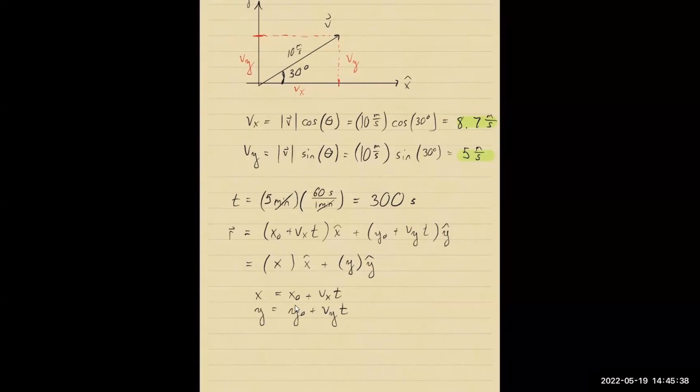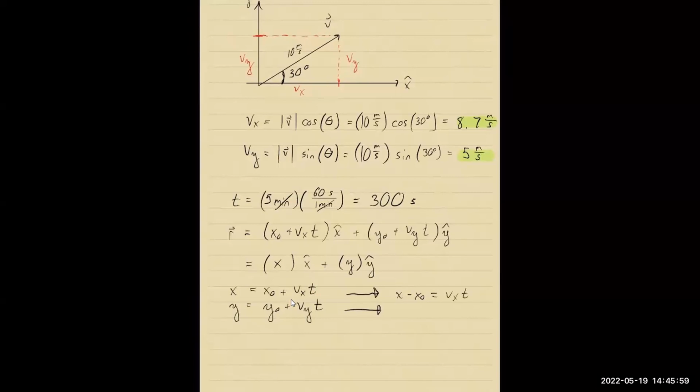Notice what happens if we subtract off our initial positions x naught and y naught from both sides. For the first equation, I'm going to subtract off x naught from both sides. Then we have x minus x naught is equal to vx times time. If we do the same thing for the y position, subtracting off the initial position in the y direction from both sides, we get y minus y naught is equal to vy t.